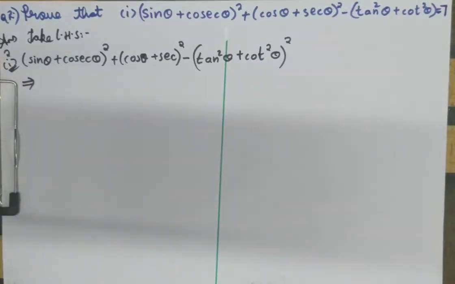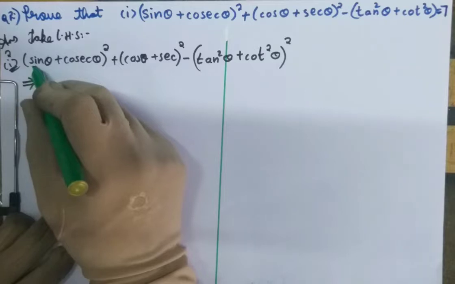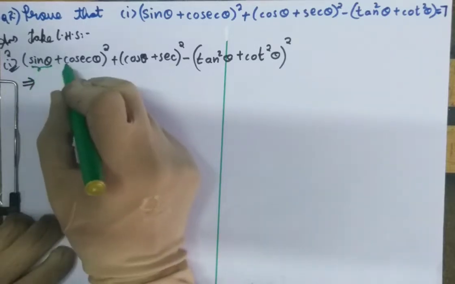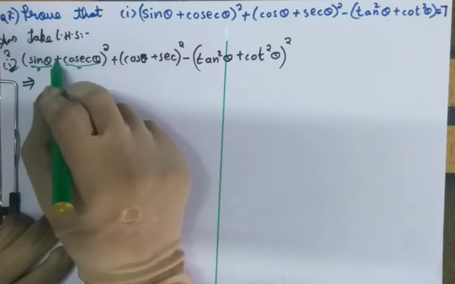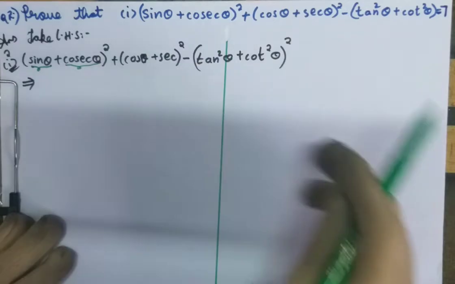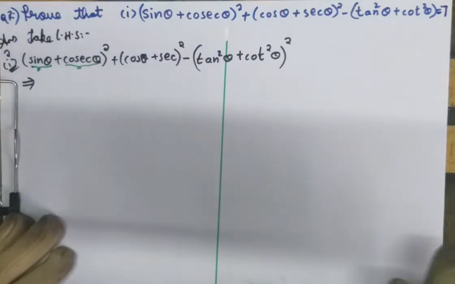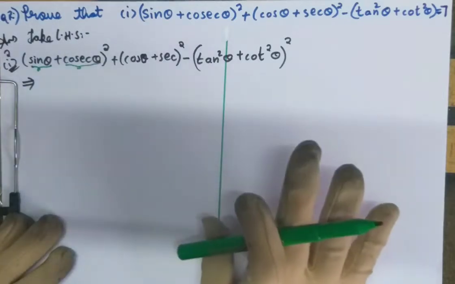Most of the students will be confused how to approach this sum. If you observe this, we have a different term here and also a different term here. Both these terms are different and we have a plus sign in between, and we have whole square. So if it is possible to use an algebraic identity, use it.